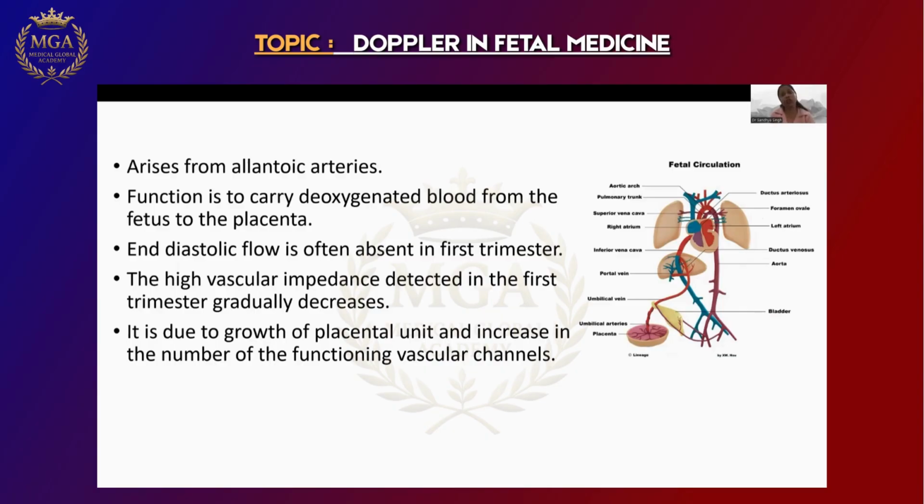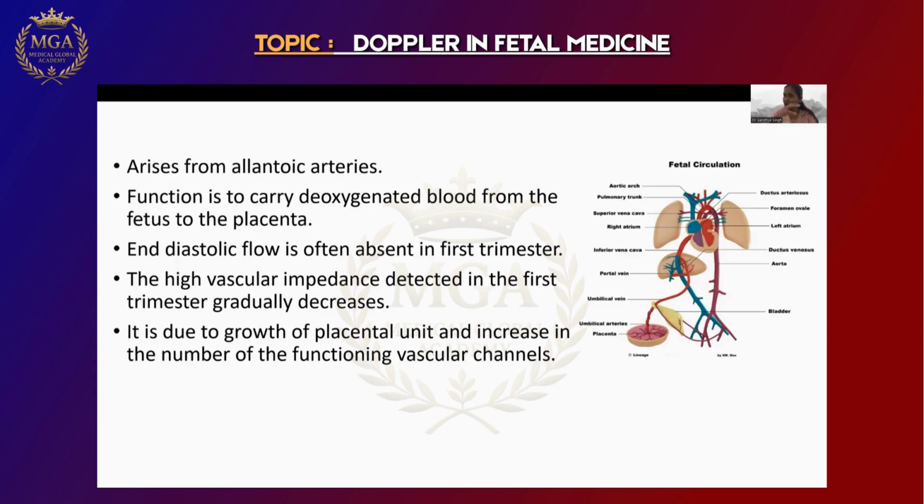So, like the uterine artery, as the baby grows and the placenta grows, more and more villi are formed. So the resistance of the placenta goes down as the gestational age advances. The umbilical artery drains where? In the placenta. So the placenta is the downstream for the umbilical artery, no?